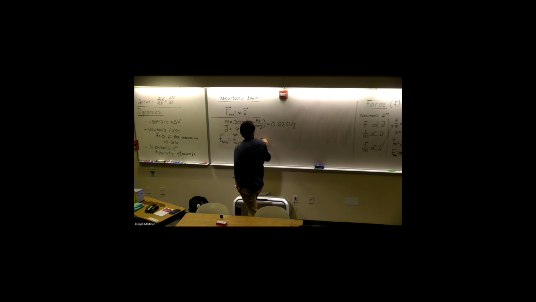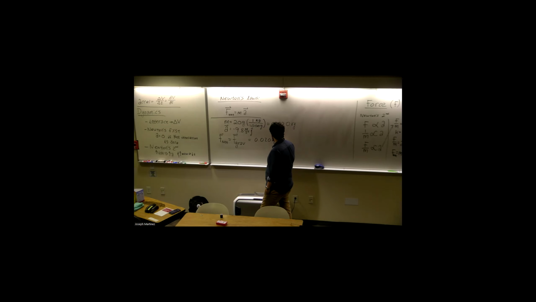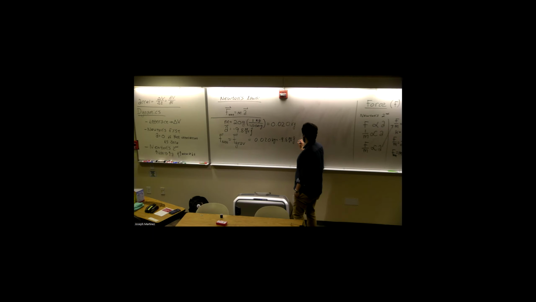So we might substitute that in and say, we are specifically looking at the force of gravity. What is the force of gravity? Well, it's going to be mass times acceleration, 0.020 kilograms multiplied by negative 9.8 meters per second squared, j hat. And that gives us the force of gravity. Well, what does this end up equal? Take 0.02 multiplied by 9.8, what do you get? Break out your calculators.